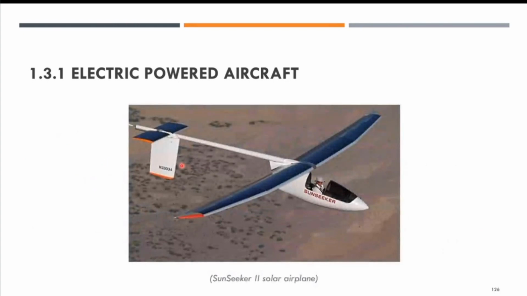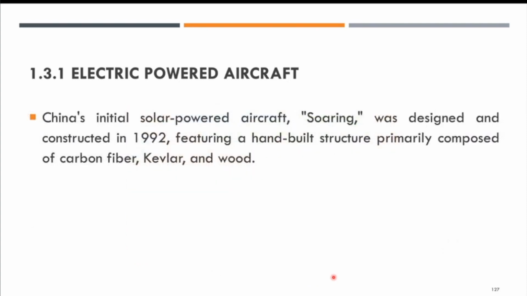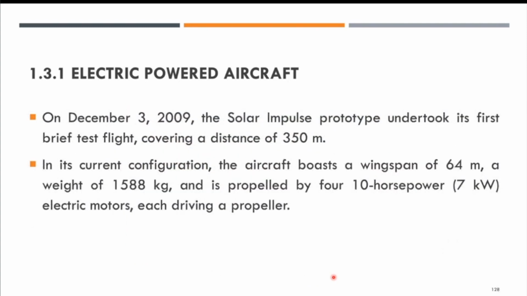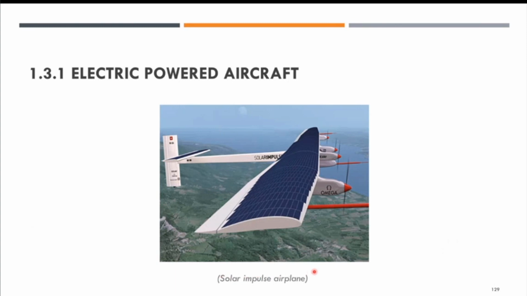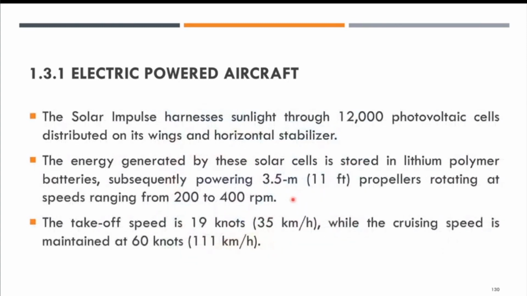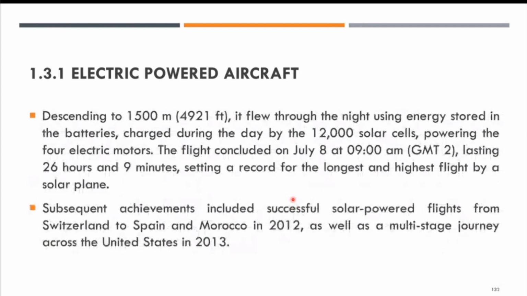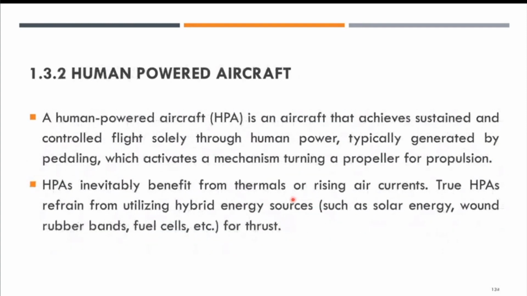So this is another type of example of Sunseeker 2 solar airplane, right? And solar impulse airplane, which is also flying. This is a type of solar power aircraft. Okay. So let us just go into the last one, which is human powered aircraft.